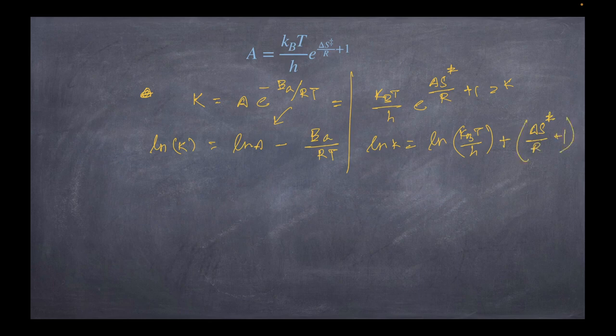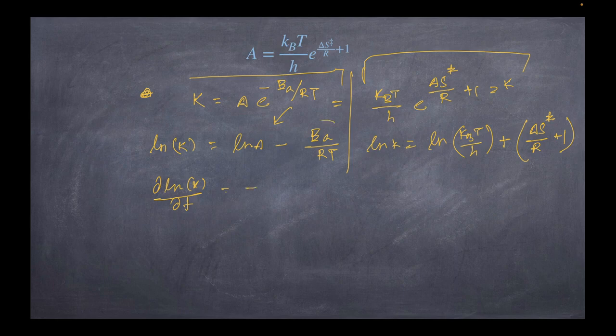Now let's take the derivative with respect to temperature. That means d ln K by dT. Here A is a constant, so the derivative with respect to temperature will be equal to 0. This is for the Arrhenius expression and this is for the transition state theory expression.